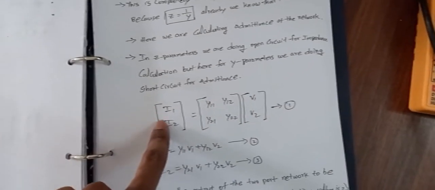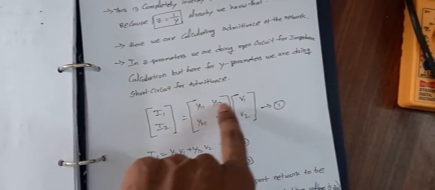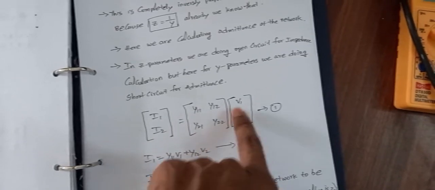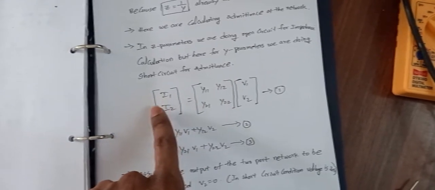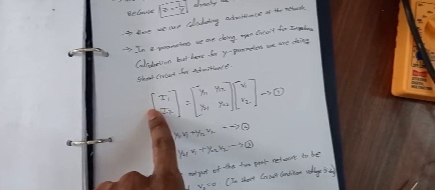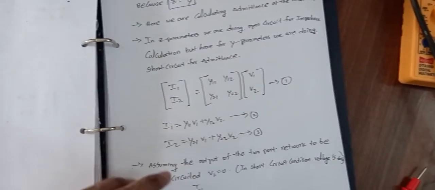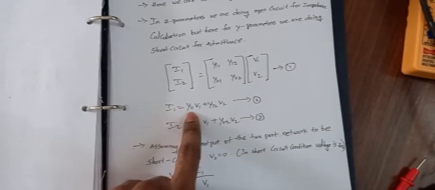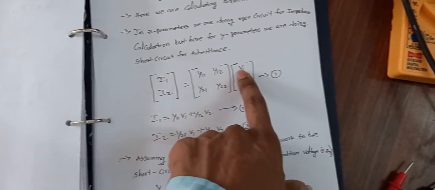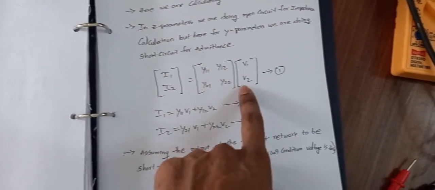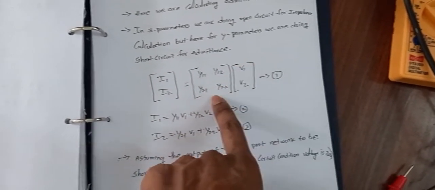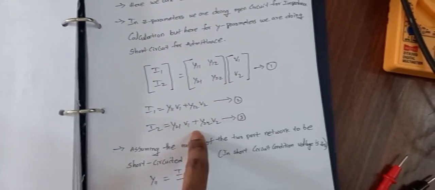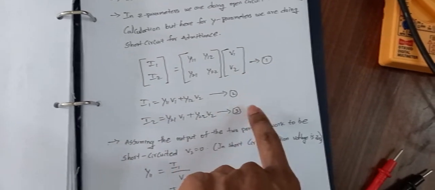So it means I1, I2 equal to the matrix Y11, Y12, Y21, Y22 times V1, V2, just like impedance replaced with admittance, and voltage and current places swapped. I1 equals Y11 V1 plus Y12 V2, and I2 equals Y21 V1 plus Y22 V2. This is equations 1, 2, 3.